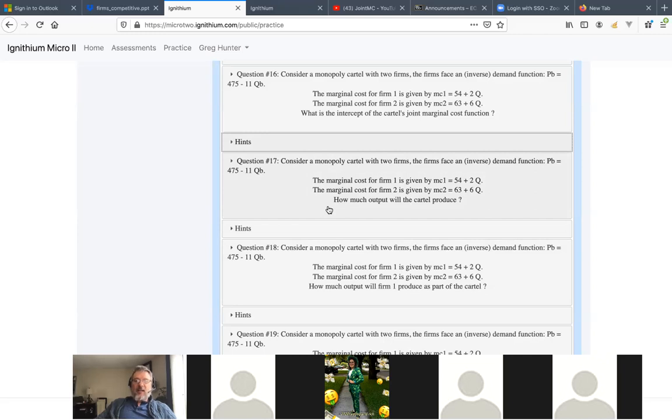And then you need to find where the marginal revenue intersects the joint marginal cost and the marginal cost function of the low marginal cost unit. You got to find them both. And then you've got to see which one is higher, and that'll be the result.